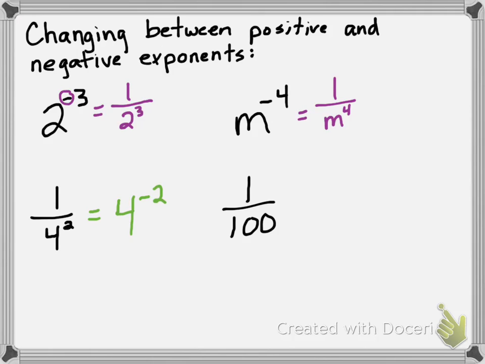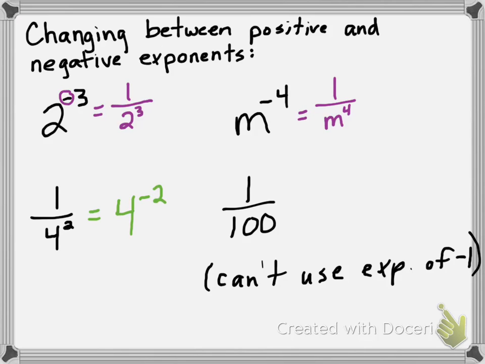Okay? Now, for this next one, 1 over 100. There's something a little different for this one, because there's kind of a rule when you're doing this, and that's that you can't use an exponent of negative 1. Okay? So it'll say that in the directions anytime it's telling you to do something like this, but you will not be able to use x to the negative 1.